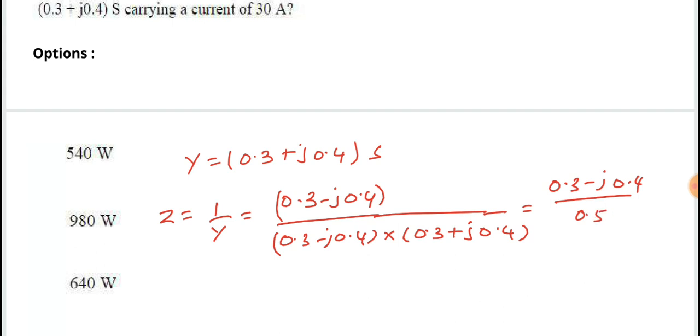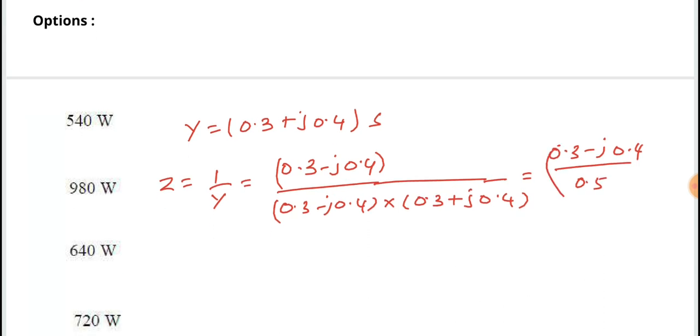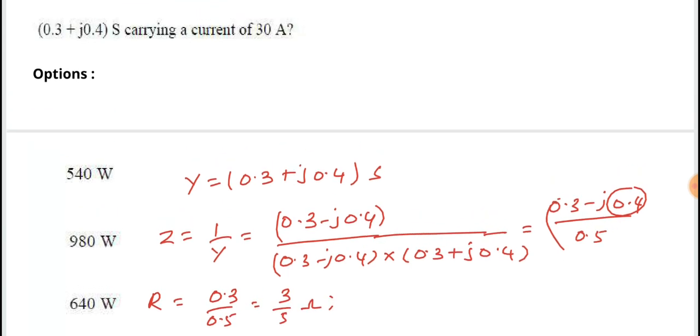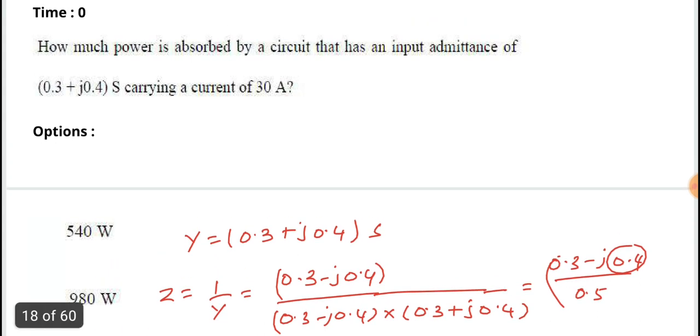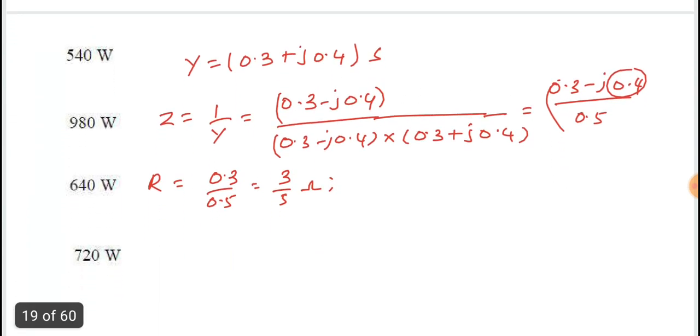From this, there is a real part and an imaginary part. What is the real part here? From this, R is equal to 0.3 divided by 0.5, which is nothing but 3 by 5 ohms. Now we know that power is absorbed only by the resistive element. The inductive element and capacitive element ideally won't absorb power. So P is equal to I squared into R. What is the I value?